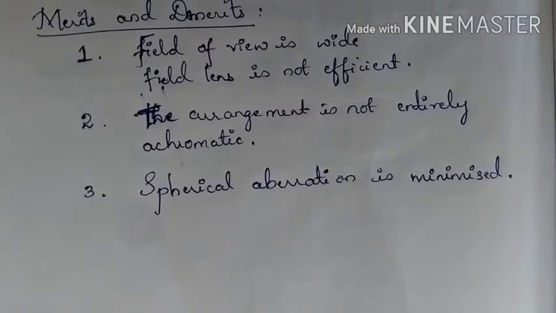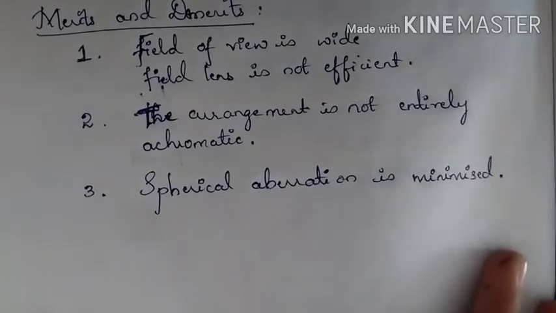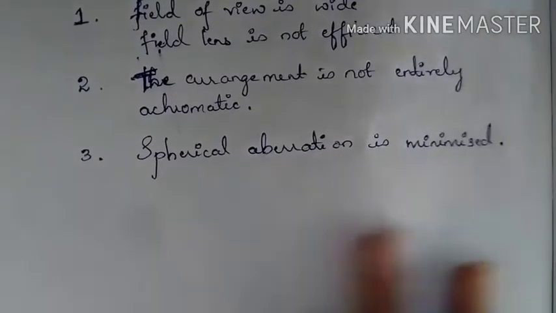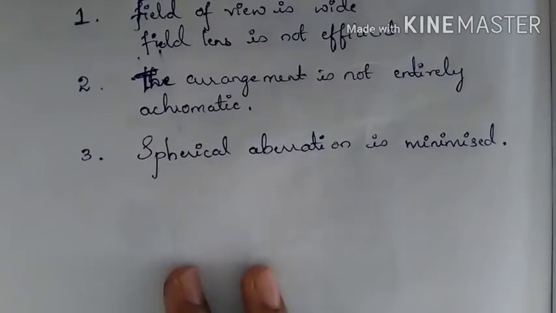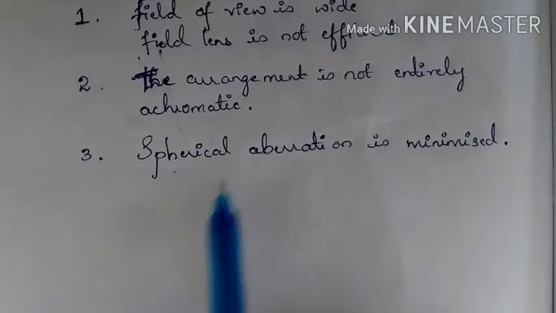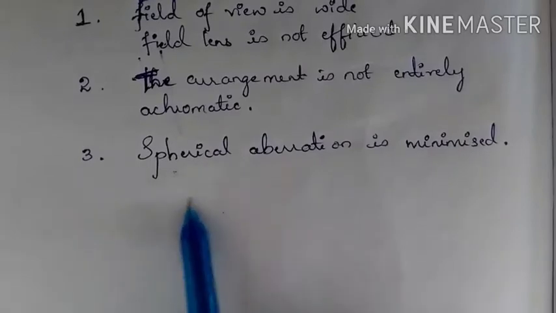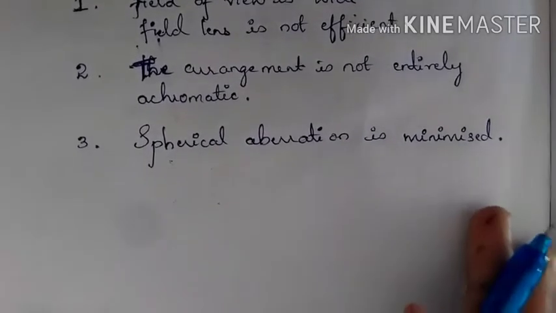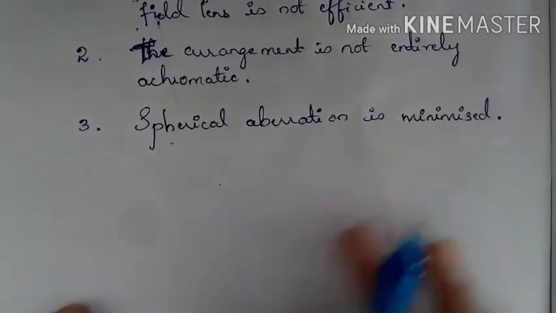This is the minimization of spherical aberration. Further aberration can also be minimized by using plano-convex lenses, keeping the curved surfaces of the two lenses facing each other.